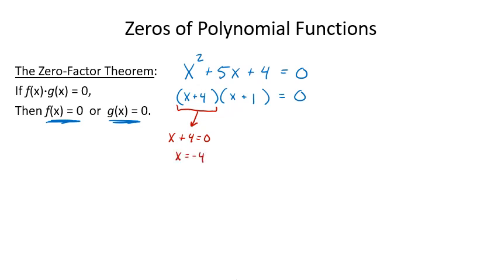So here x would be negative 4. That's one root of this equation, so it's one zero of the function f of x equals x squared plus 5x plus 4. The other one would be the other factor, x plus 1 is equal to 0.